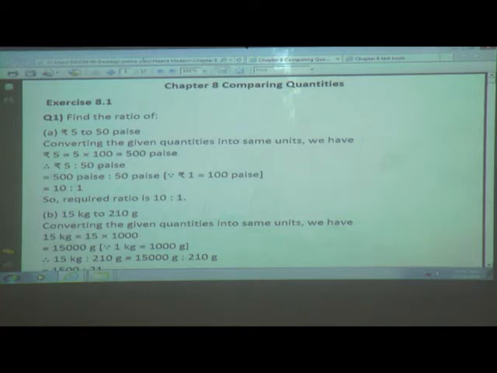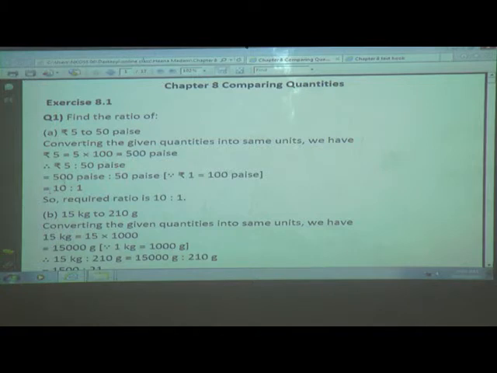So this is our question. In the place of rupees 5 we will write 500 paise, so here it is 500 paise is to 50 paise. Here both the units are now the same, because 1 rupee is equal to 100 paise, so we converted rupees 5 into 500 paise.